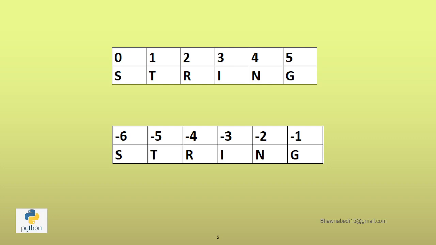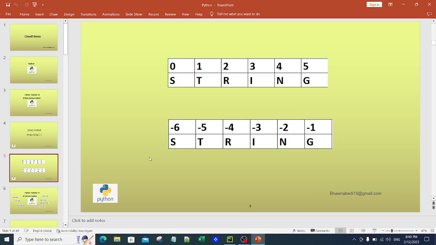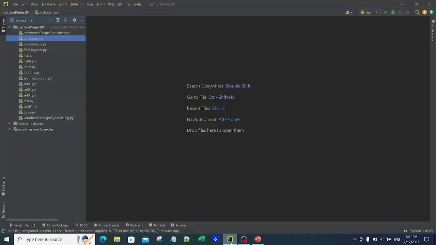When I read from right to left, G is at -1, N is at -2, I is at -3, R is at -4, T is at -5, S is at -6. If you have been watching my previous video, you would already be aware of this indexing concept. I wanted to show you this before moving on to the coding part.